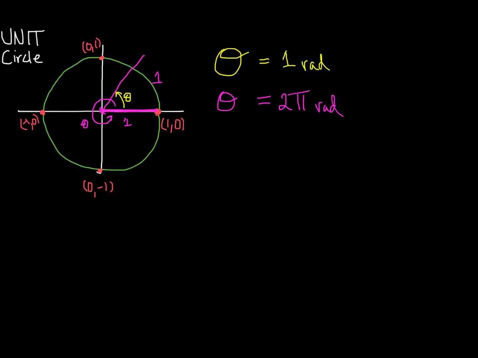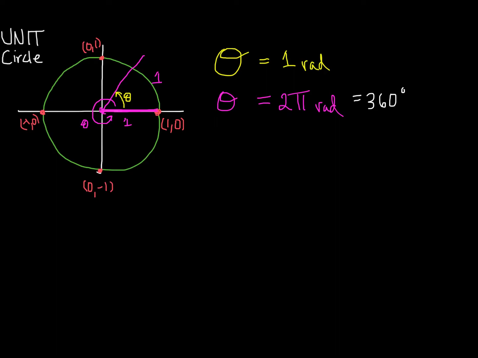We'll use 2 pi. It's very close to 6.28, but we want to be as precise as possible. So this allows us to compute the value in radians for any angle that we currently know in degrees. The reason is that 2 pi radians is what degree turn? 360 degrees.